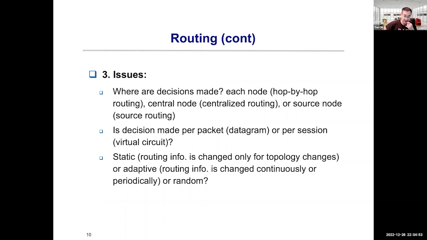There's also different routing that you have to select. Is that going to be more static or more adaptive? Adaptive means that if traffic is continually changing, you keep changing the route. Or random, which I would not recommend, is any route, whatever route is available.